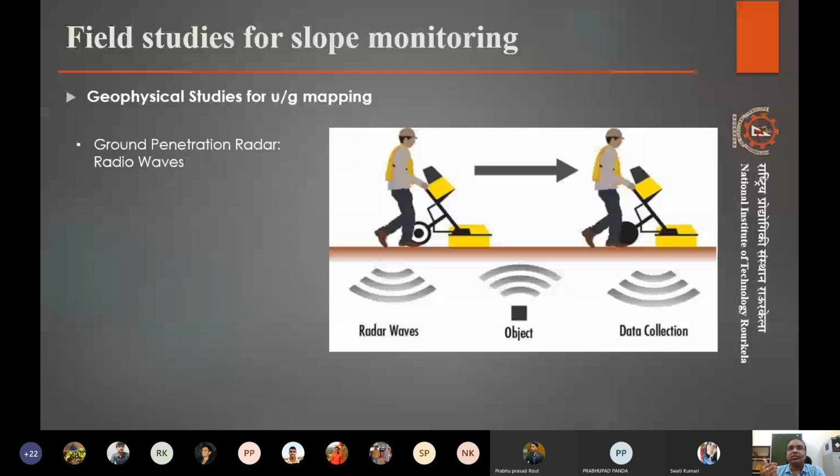Suppose we want to find a pipeline going inside the ground. We want to construct a new building, and there are existing old pipelines and cables laid below the ground, and we want to know where they are going and so on.